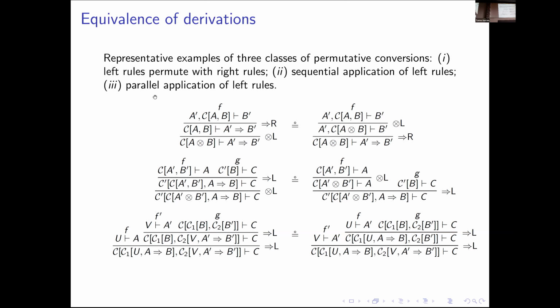The first group is when the right rule can be permuted with a left rule, the second group is sequential application of left rules, and the third group is a parallel application of left rules.